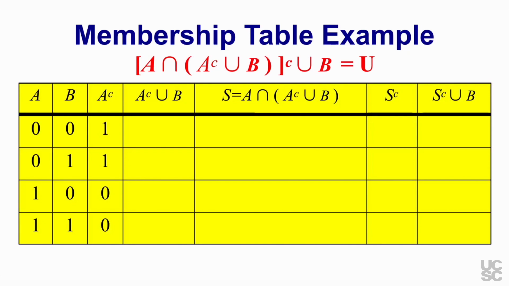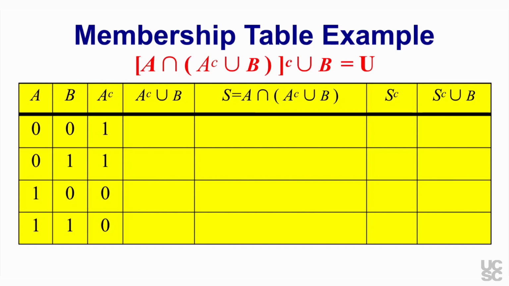Building up on this notion of equivalency, we can use set membership tables to determine whether or not two sets are the same or equivalent to each other, which in terms of the set membership table means that all the elements of one set are also elements of the second set. So in this example, we want to determine whether the universal set U is equivalent to this complex definition of a set based on the intersection of A with the union of itself with another set B, all of that complemented and having a union with set B. Is all of this complicated description of a set equivalent to the universal set?